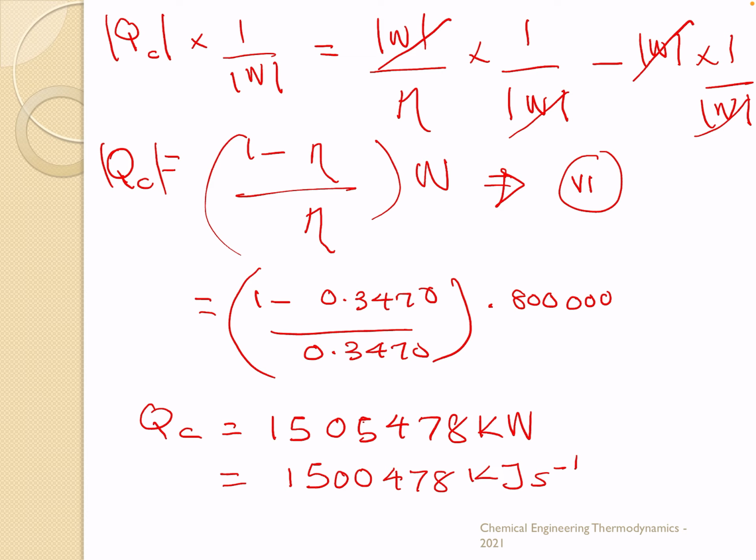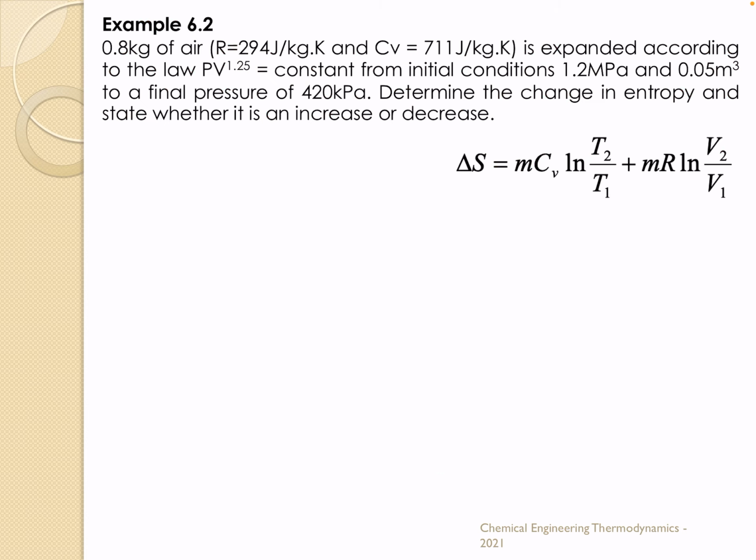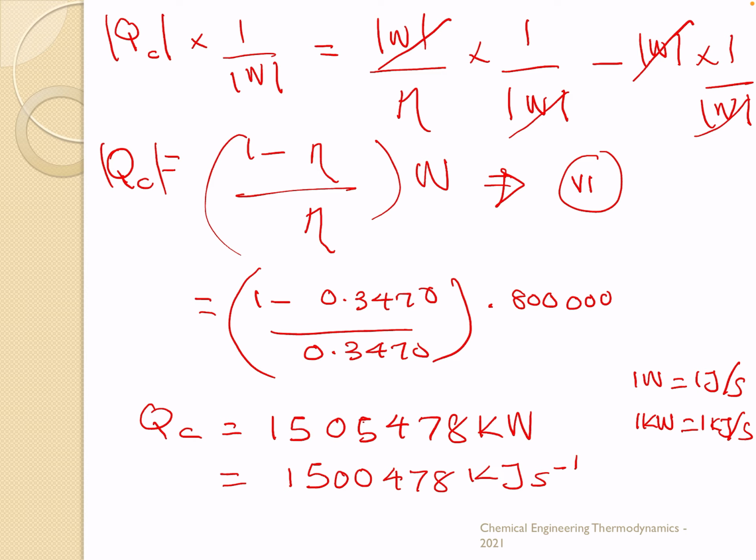Remember, 1 watt is equal to 1 joule per second, then 1 kilowatt will be equal to 1 kilojoule per second. So please carefully look at that based on what you've been given in class.